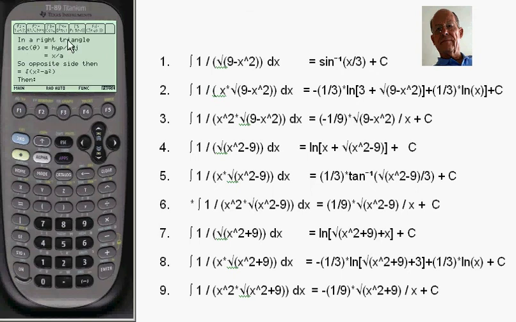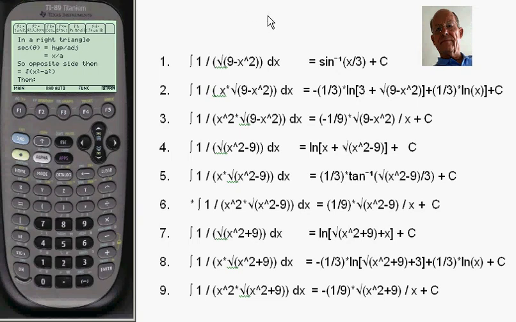So in a right triangle we have secant of theta equals hypotenuse over the adjacent. The hypotenuse in this case is x, and the adjacent side is a. In other words, you have the right triangle like this, and the hypotenuse up here is x, and the adjacent is a here.